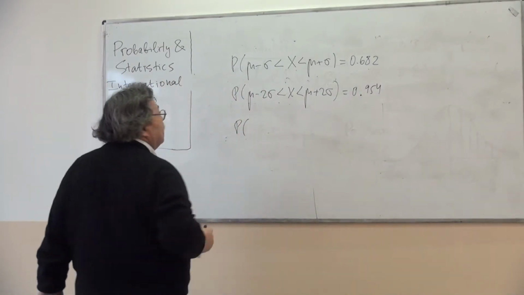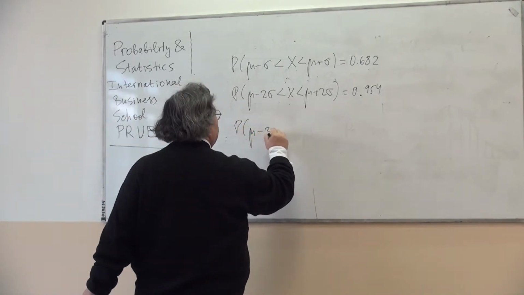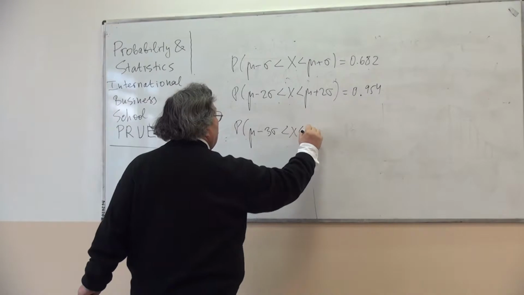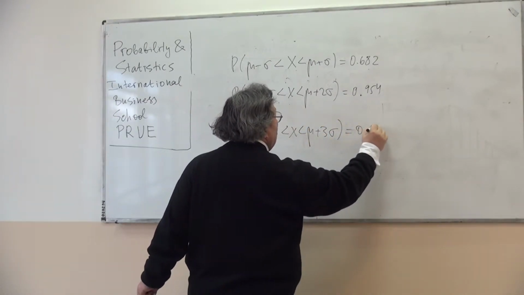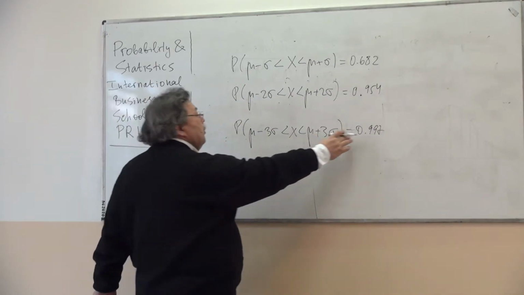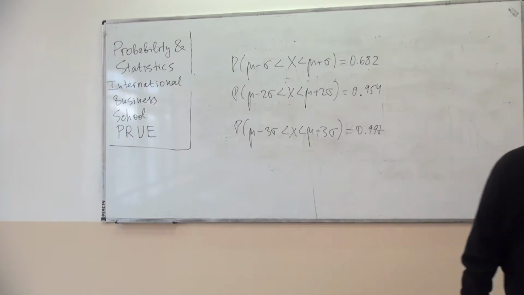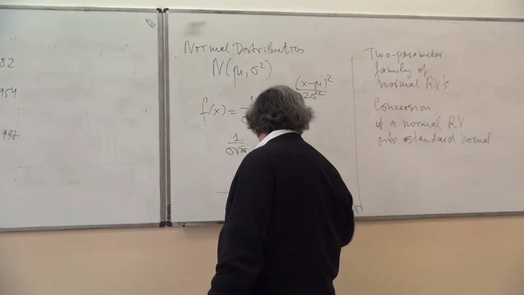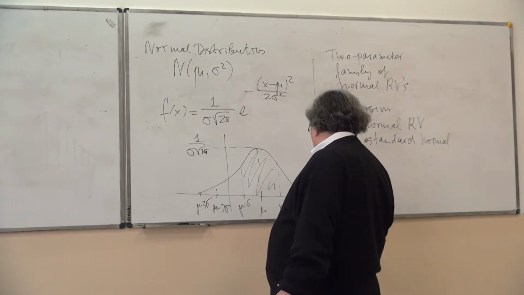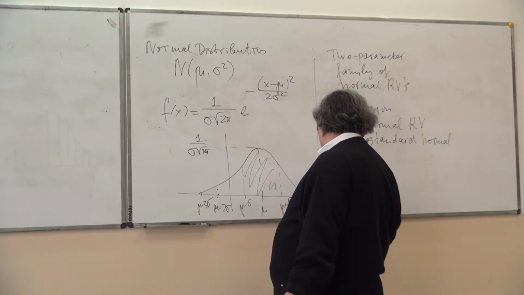And if we look at a still larger interval, mu minus 3 sigma, look at this number, 0.997, which means that mu minus 3 sigma and, okay, mu plus 3 sigma here.